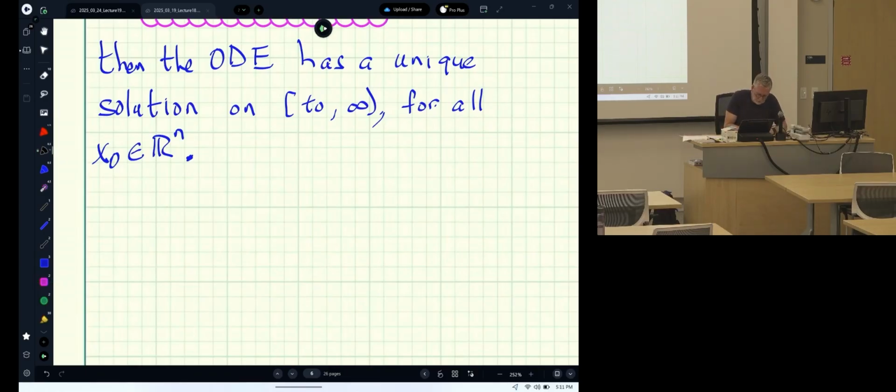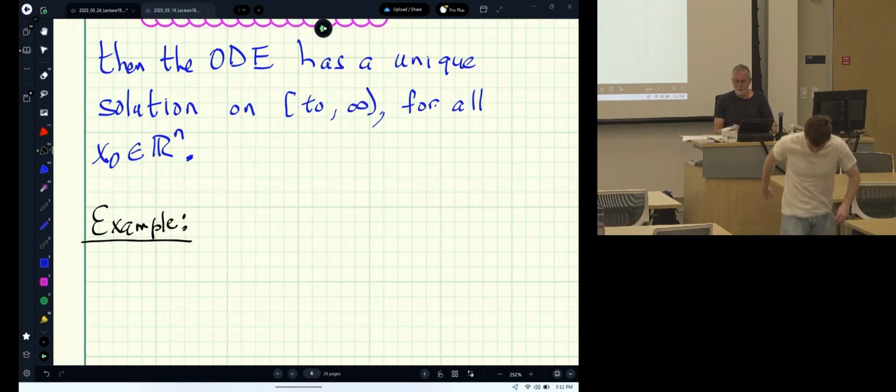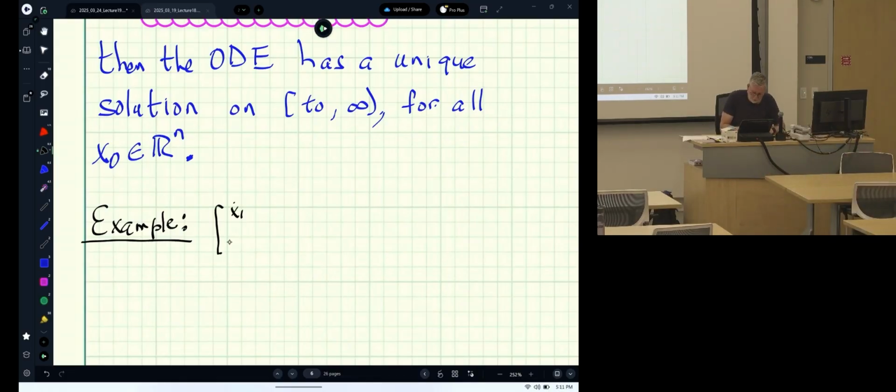So here's an example of how that works out. X dot 1, X dot 2 equals X2, minus sine of X1. Okay, do we recognize this model?